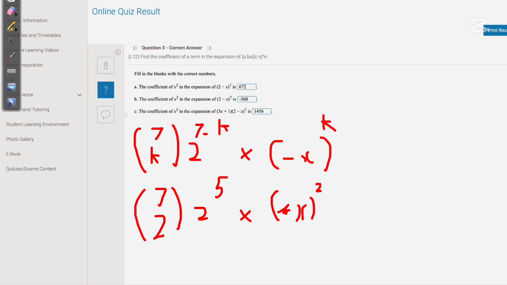Let's just remove the sign because it doesn't really matter. On the calculator, 7 shift divide 2 times 2 to the power of 5, times x squared, which is a variable, so we don't need it. So 672.